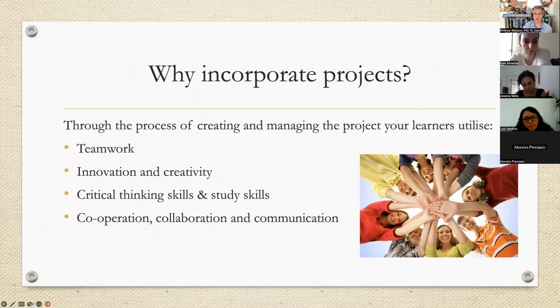Why incorporate projects? Well, we get students to create and manage their project, and in the process, they will develop teamwork, innovation and creativity, critical thinking skills, study skills, cooperation, collaboration, and communication.